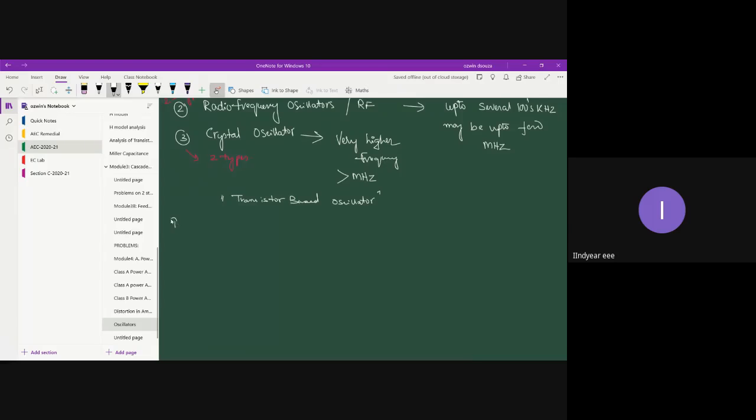So the first oscillator circuit we study, which falls under the audio frequency oscillator category, is the RC phase shift oscillator.